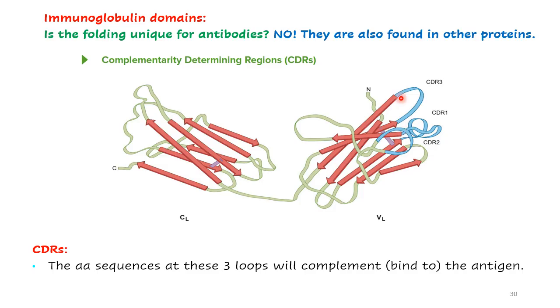Specifically, you have 3 loops that will be mutated a lot. Those are called CDR1, CDR2, and CDR3. CDR stands for complementarity determining regions, I'll say that 5 times quickly. Those are the areas of your variable site that are going to be modified to recognize antigens.